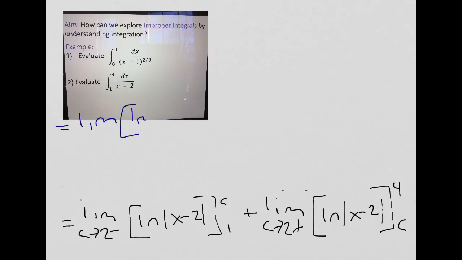If I plug in c, now I actually don't need the absolute value when I plug in c, because c would be greater than 1 and less than 2. But we'll just keep it in there for right now. And then I'm going to plug in 1.